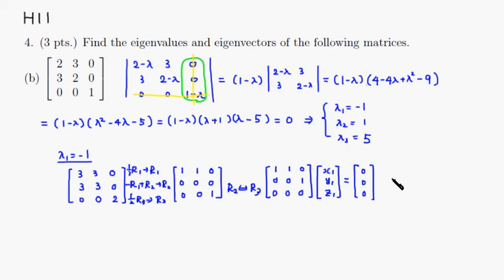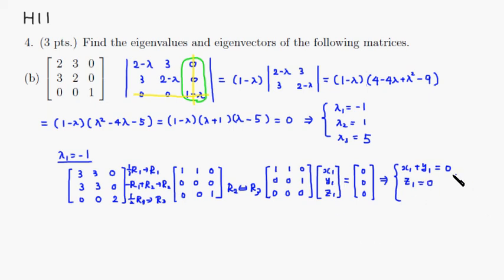This means we have the following equations to satisfy. The top one is row 1 times this vector: x1 plus y1 equals 0. The second row tells you 0 x1, 0 y1, and 1 z1, so z1 is equal to 0.